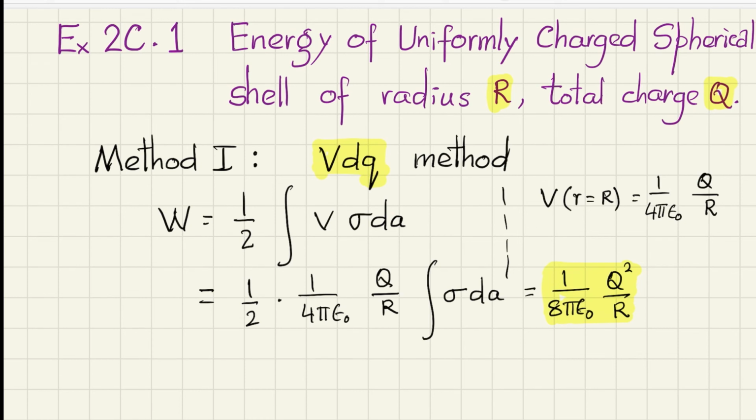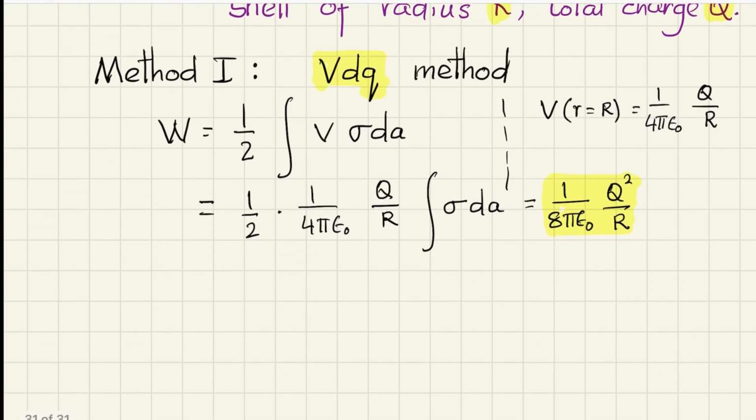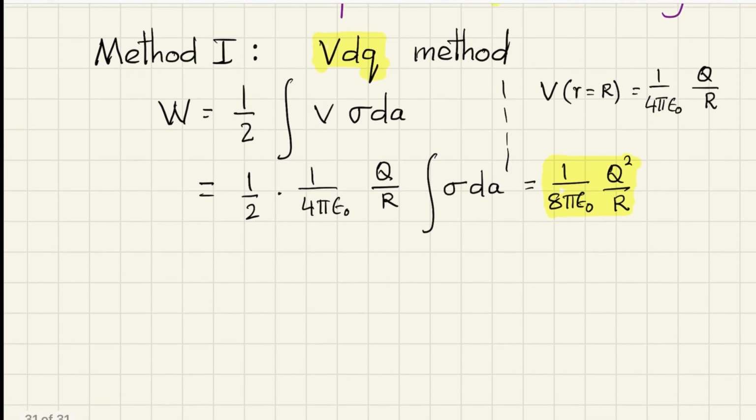Now let's take the field method, method 2. In principle, I could use all three different formulas. First, to figure out what E is in this case, for a spherical shell it is a no-brainer.